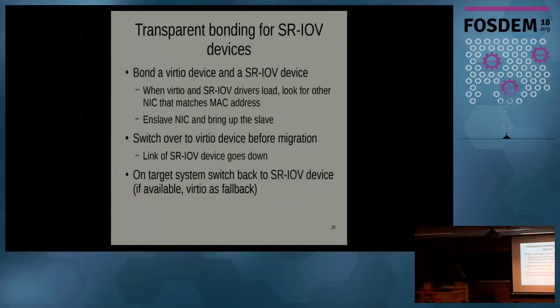And then we could always use the fast data path over the SRIOV device. For migration, we could put the link of the SRIOV device down and switch over to the Virtio device, do a migration, and on the target system see if there is another capable SRIOV device that we can use for the data path. And if not, we could just use the Virtio device. So, yeah.